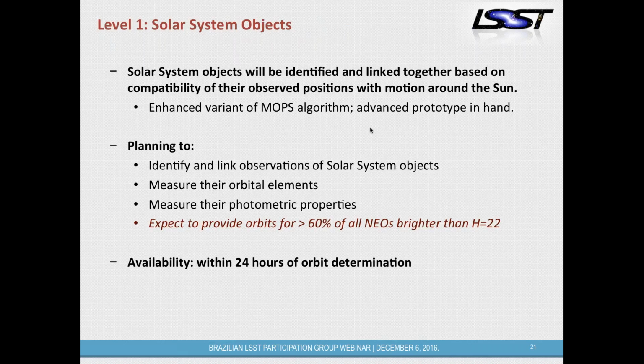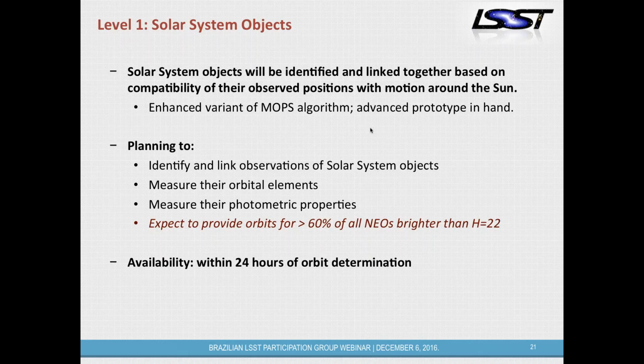Basically, the way you determine whether something is an asteroid is you observe it multiple times, and then you notice that those observations all lie on a trajectory that is consistent with a Keplerian orbit. And we are developing codes to do that.